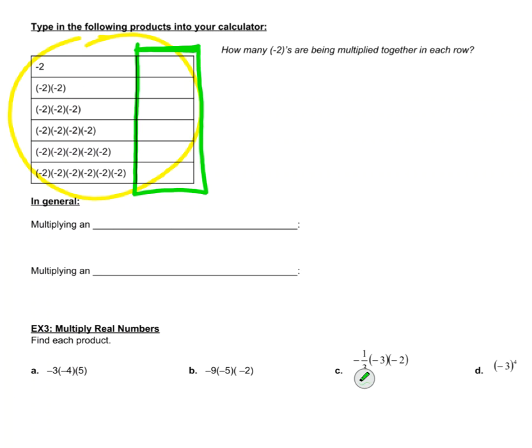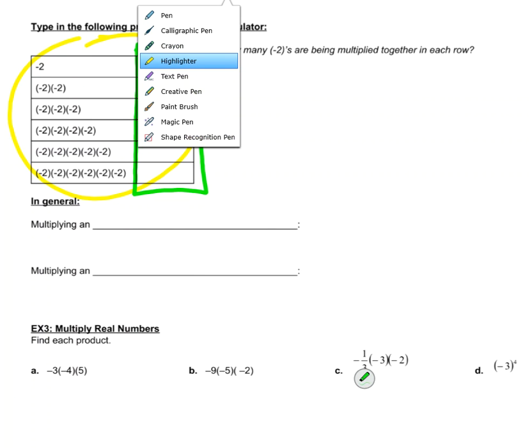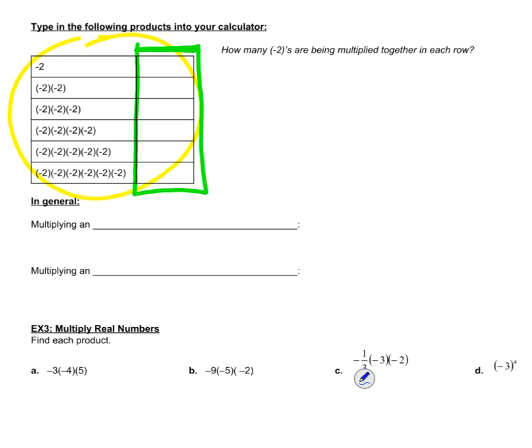And keep in mind that instead of writing parentheses, -2, parentheses, -2, parentheses, aka this guy right here, that's the same as typing in -2 times -2. Because we only have multiplication, it's okay just to use the multiplication symbol instead of parentheses. So please take a second, please pause this video, and I'll see you once everyone has finished the table.